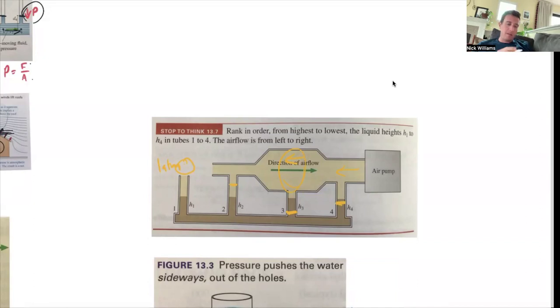Oh, the direction of the air pump is the other way. Whoops, sorry. This way. Doesn't matter. And then I have this atmospheric pressure that has no speed on it. No speed on it means there's going to be no addition of pressure.